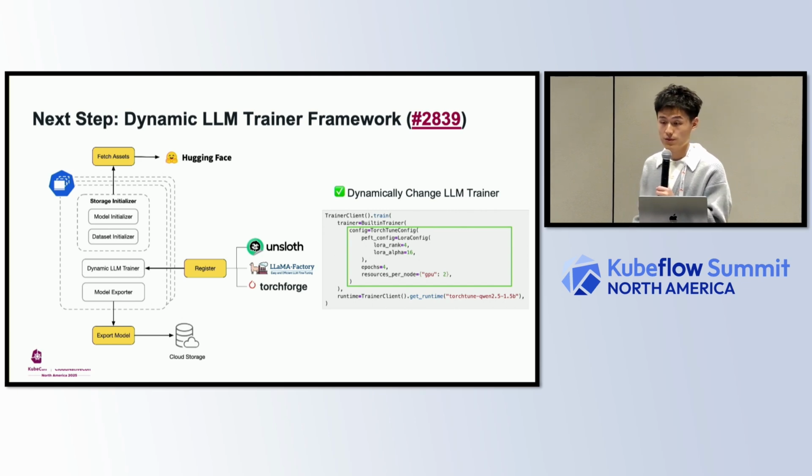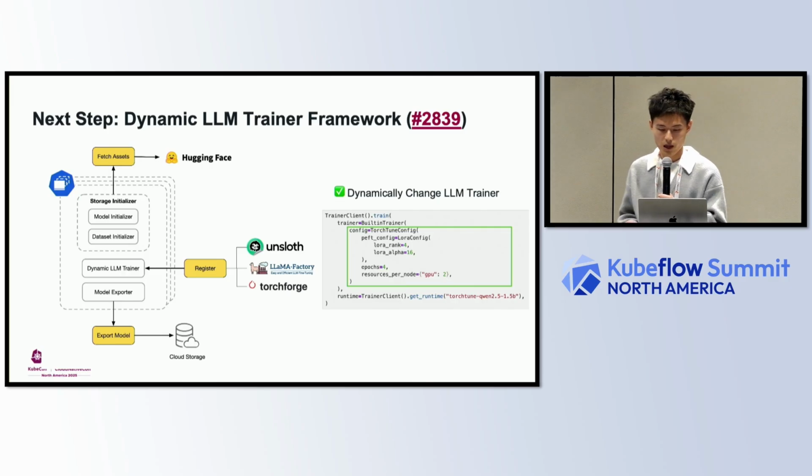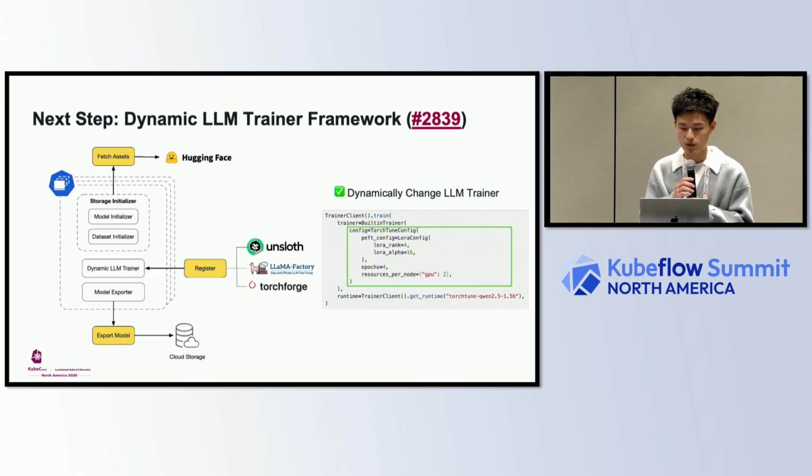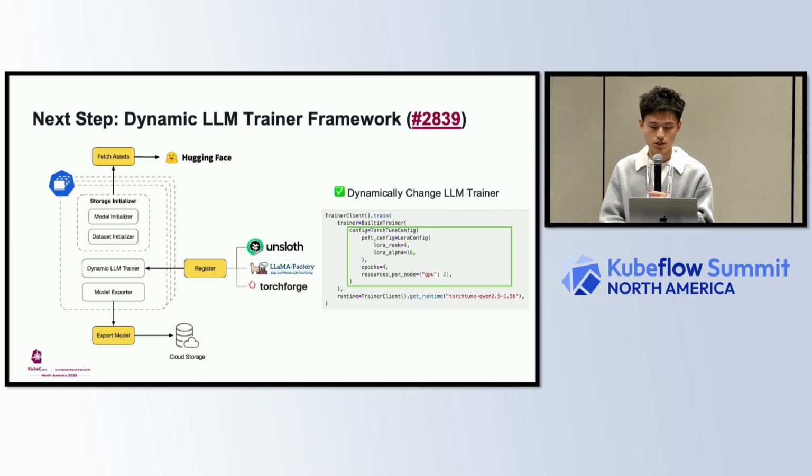For different framework users, this design can make fine-tuning LLMs on Kubernetes simpler and more flexible. And we will support Unsloth, LLaMA-Factory, TorchForge, and more popular frameworks in the future. And we are sure that this will streamline LLM fine-tuning on Kubernetes and accelerate innovation.